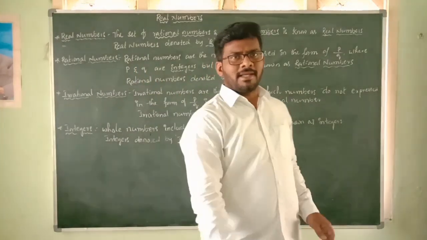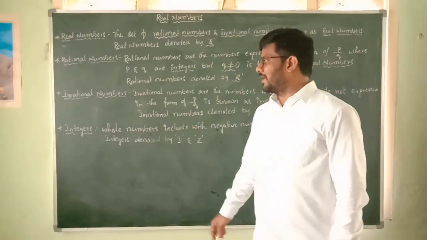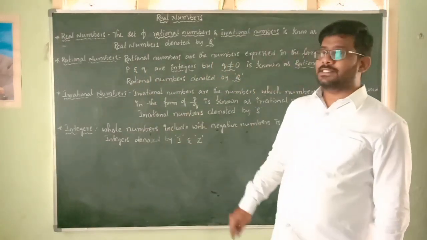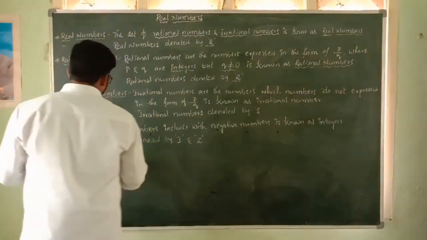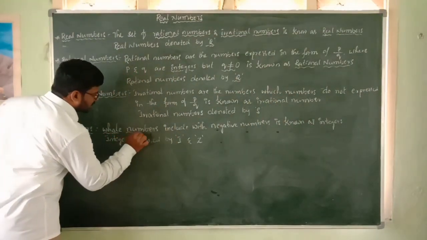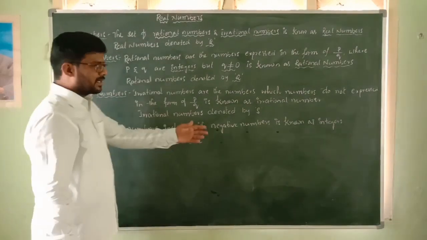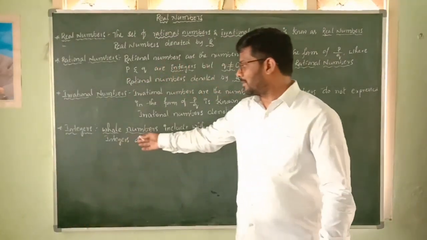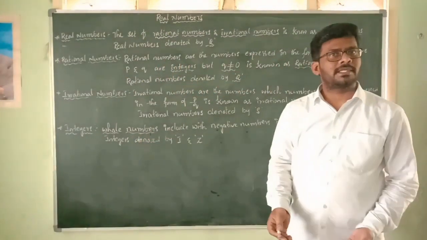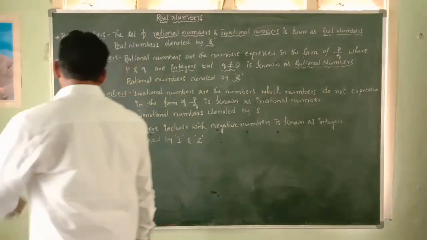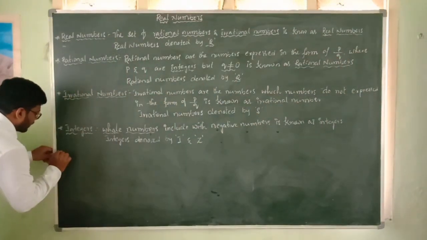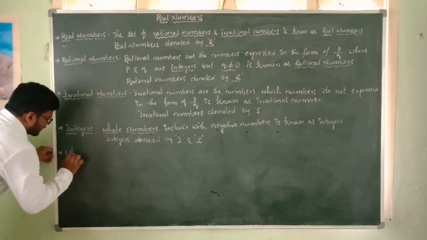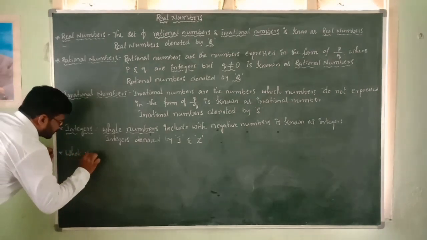Okay children, in the integer definition also we observe a kind of number. What is it? Whole numbers. There are other numbers too, but here we discuss whole numbers first. What is the definition of whole number, children?